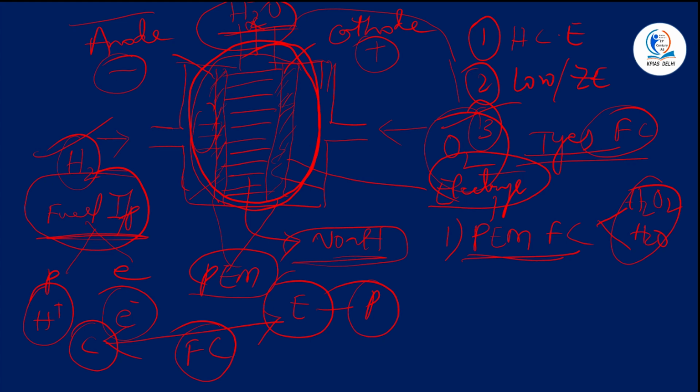So they operate at relatively low temperatures, somewhere around 80 degrees centigrade, or in terms of Fahrenheit, 176 degrees Fahrenheit. Low temperature operation allows them to start easily, because less warm-up time is required, which will result in less wear and tear of system components, and also ensures better durability of these products.